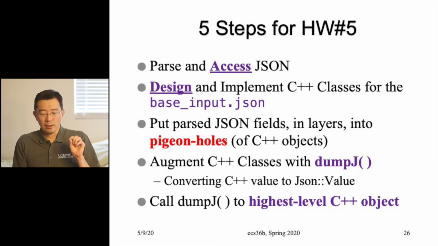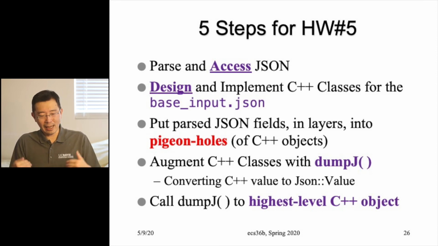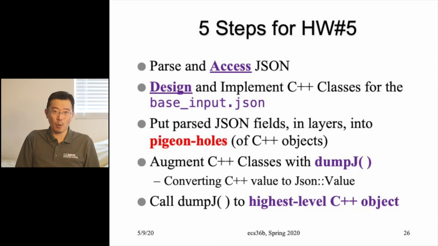Okay, step 4 is conceptually interesting, but it's not hard to implement. That's why I put step 4 after step 3, because step 3 really represents the correct relationship between the JSON world and the C++ world. If that hasn't been worked out, then your step 4, which recursively dumps the object, won't work correctly either.